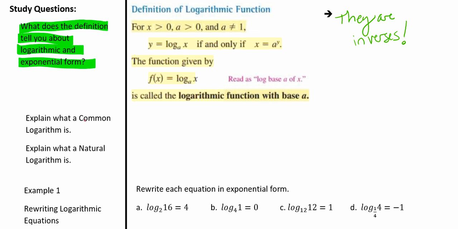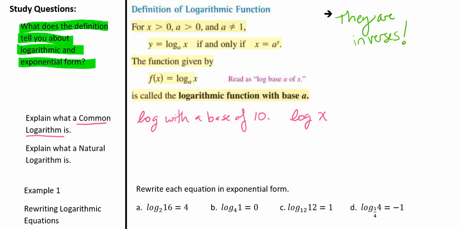So let's talk a little bit about what a common logarithm is. A common logarithm is a log that has a base of 10, and it's written as log of x. We don't have to write the number 10 there because it's a common log.